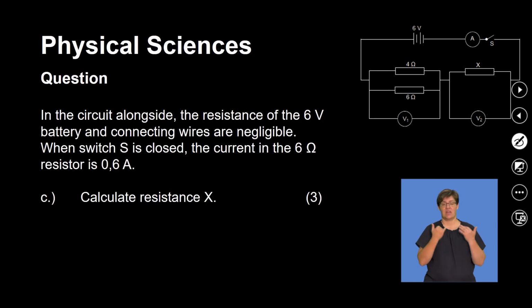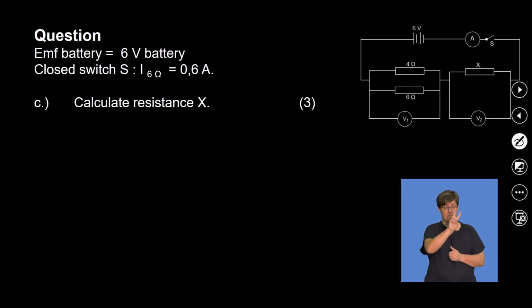Okay, moving along, now we want the resistance of X, right? Resistor X is of an unknown resistance, but we know something about V2, okay? Now we know that the total voltage in this circuit, V total, is split between V parallel plus Vx. So this V parallel is your V1.